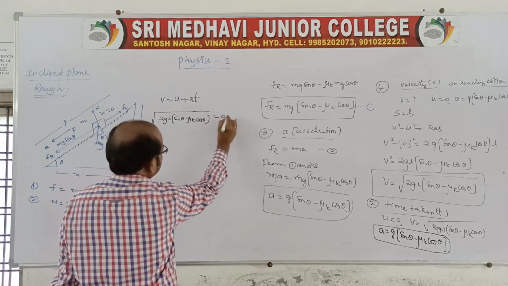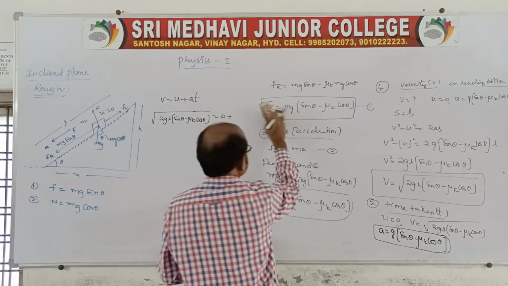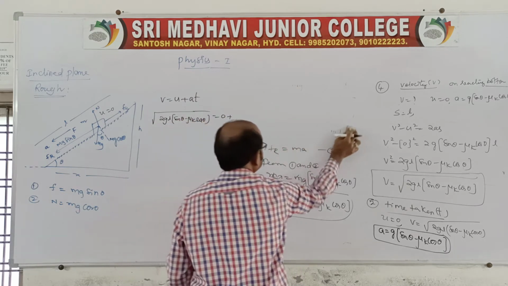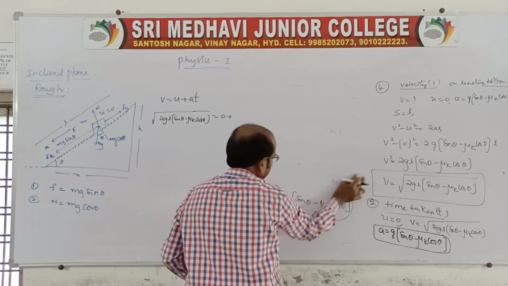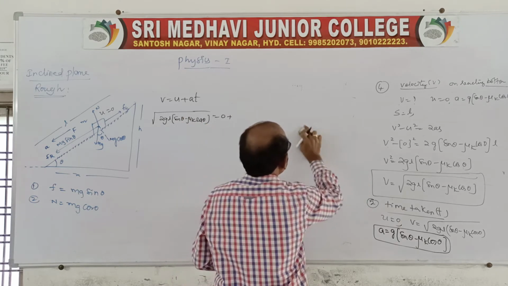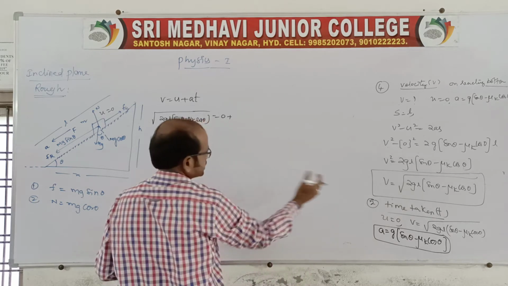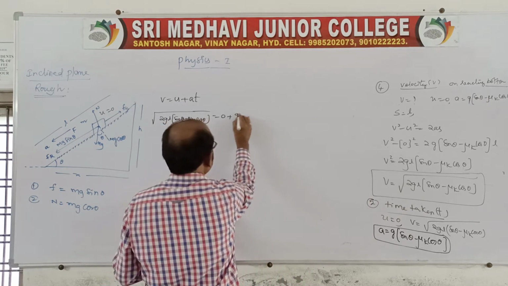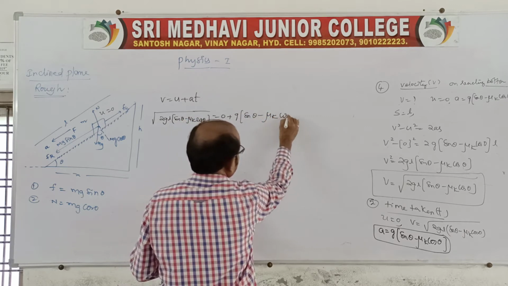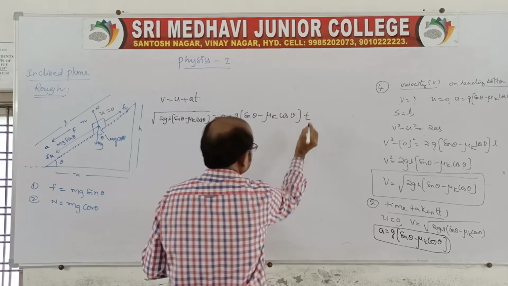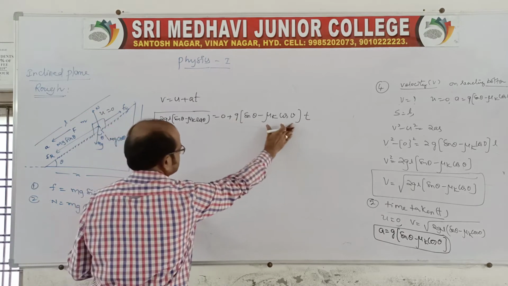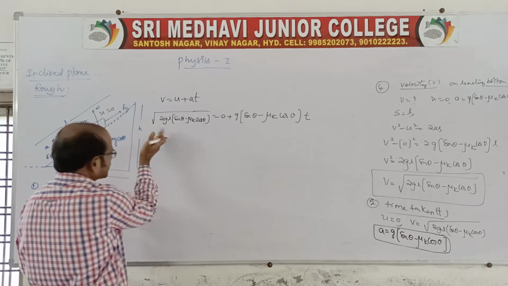Of course it is falling freely, so u is 0, plus a, which is g within the bracket sin theta minus mu k cos theta, into t, because we have to find the t. Then here u is 0, and this g sin theta minus mu k cos theta we take to this side.